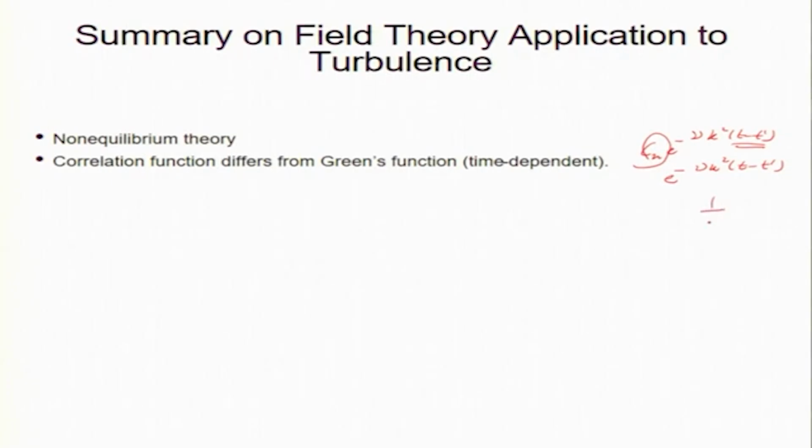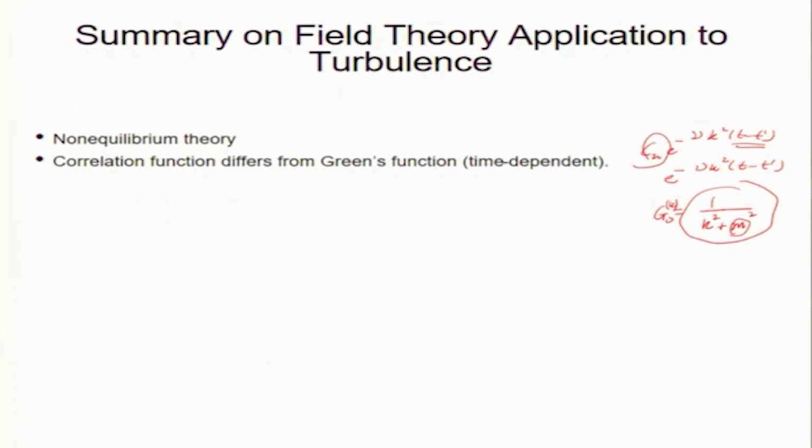If you recall, our Green's function and correlation function for phi-4 theory was this, at least the free Green's function G naught of k. If I include all the terms, then this m is changed, but the Green's function is of the same form.